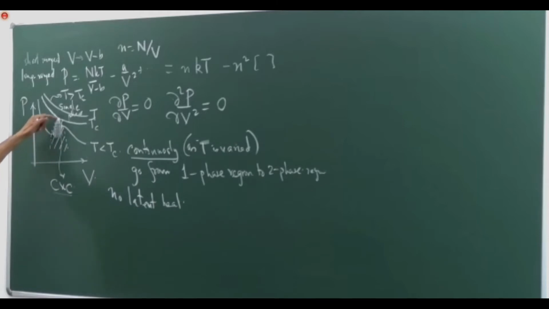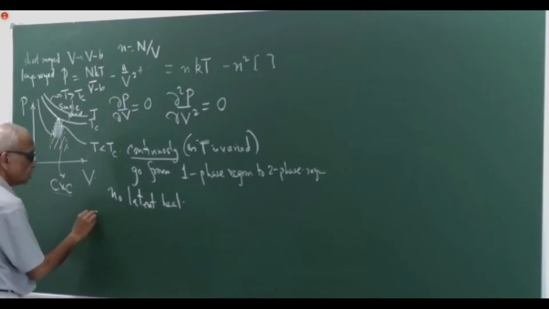Over here you go from a single phase to a coexisting liquid-gas phase continuously, and it is that continuity of this transition which gives rise to the very strong fluctuations.